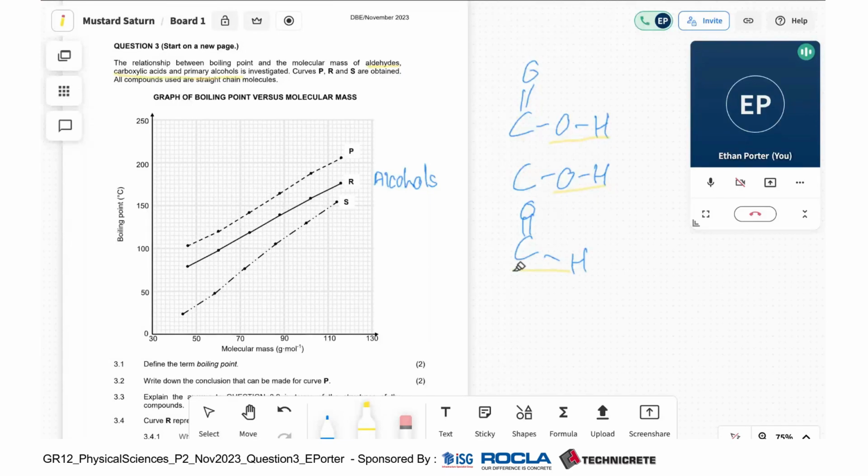But aldehydes aren't. The H is bonded to the carbon, not the oxygen. So aldehydes don't have hydrogen bonding, and hydrogen bonding is one of the strongest intermolecular forces. So we would expect aldehydes to have lower boiling points than both alcohols and carboxylic acids, which means S has got to be the aldehydes. It's the only one that doesn't have hydrogen bonding, so it should have lower boiling points because it has weaker intermolecular forces.